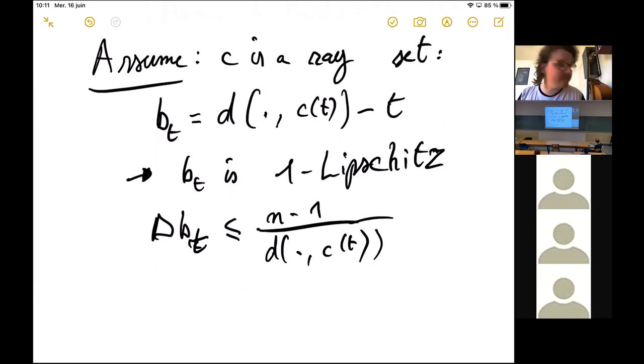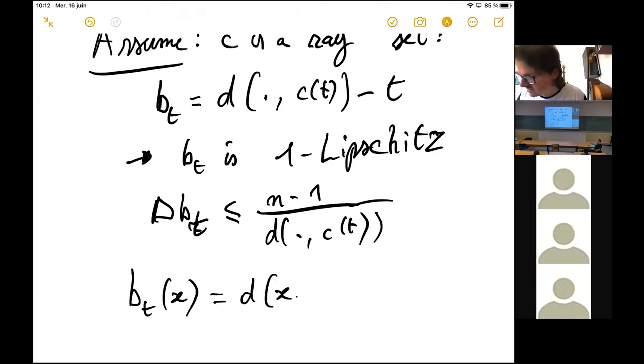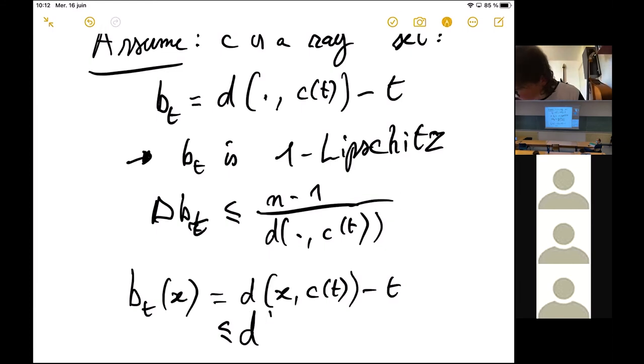What we also have is that if I compute b_t at some point x, so this is d of x, C of t, minus t, I could now use the triangle inequality to insert what's going on at C of s.